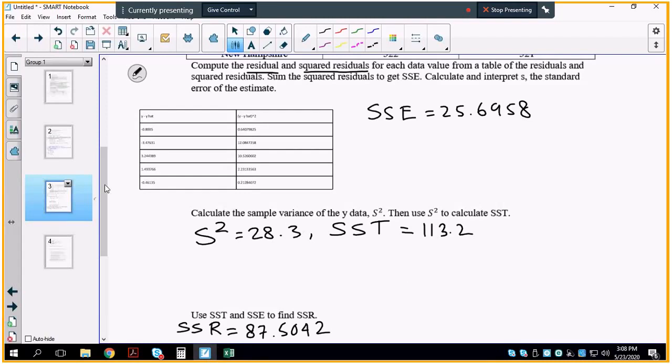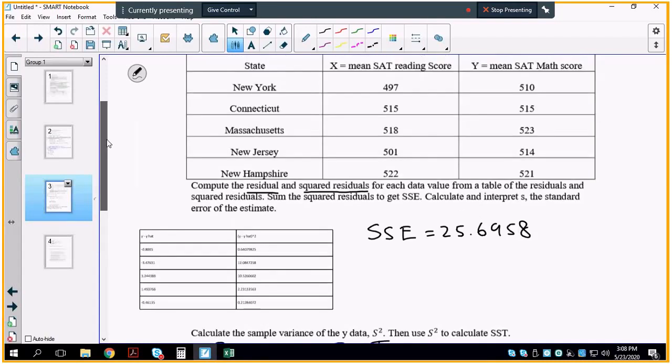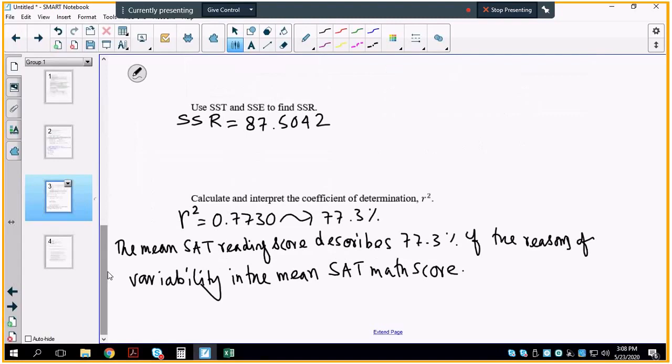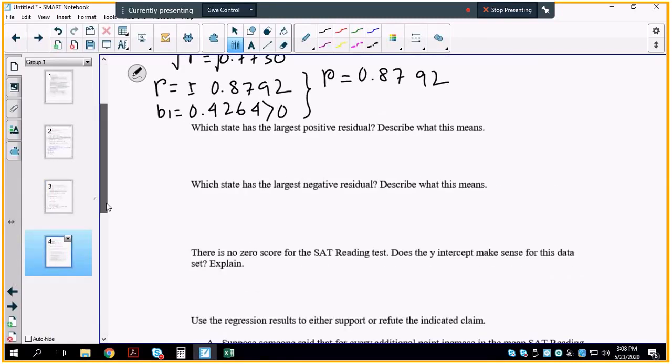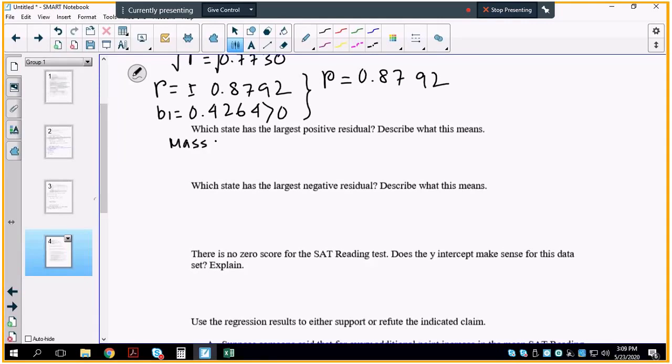And the third state is Massachusetts. So we're going to say that Massachusetts has the largest positive residual.